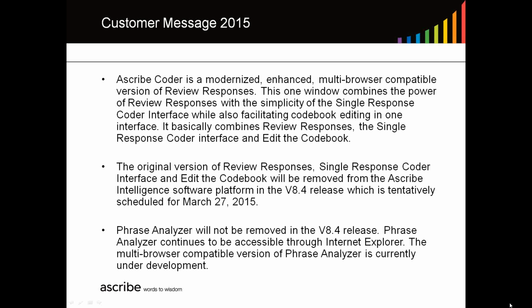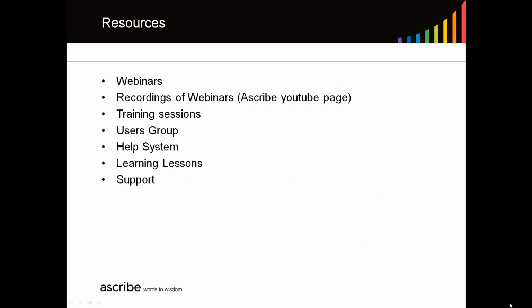So if you use Phrase Analyzer, you will still need to use Internet Explorer to access Ascribe. Again, the date we have right now is March 27th of 2015. That's the slated date for the version 8.4 release, where we will remove review responses, single response coder interface, and edit the codebook. All right?